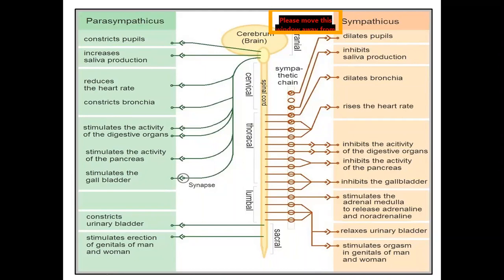It consists of ganglia and nerve fibers which innervate various organs and glands of the body. It controls the involuntary actions of the internal organs of the body, and there are two parts, sympathetic and parasympathetic, and they have opposite actions.